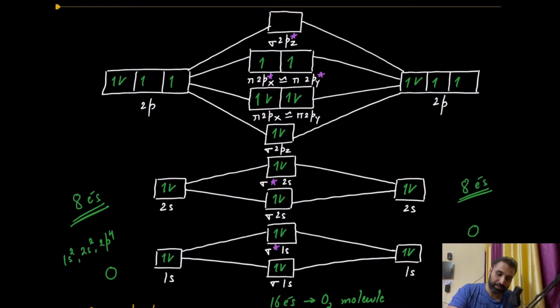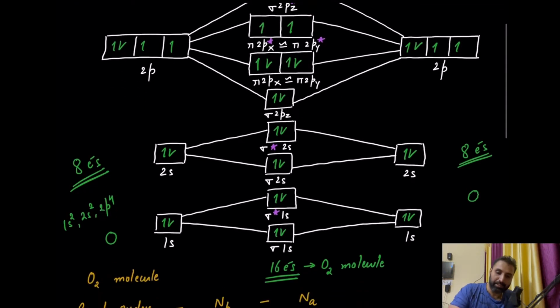If we have to take the O2 positive molecule, that means we have to fill 15 electrons instead of 16, because O2 positive means the O2 molecule has lost one electron.